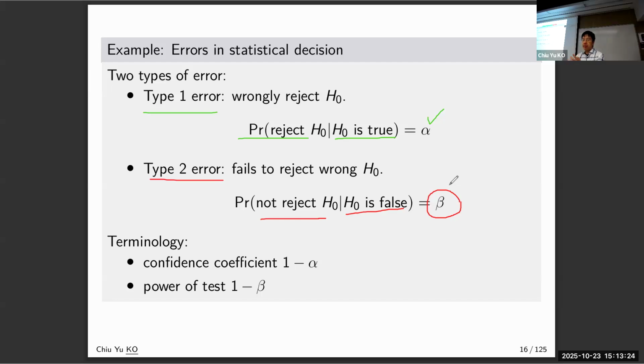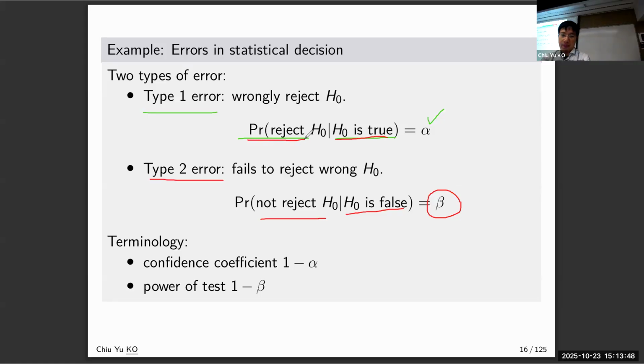Remember, in the court system, this guy is innocent, but you send them to jail. That's type 1 error. So you incorrectly imprison the innocent guy. That is type 1 error.